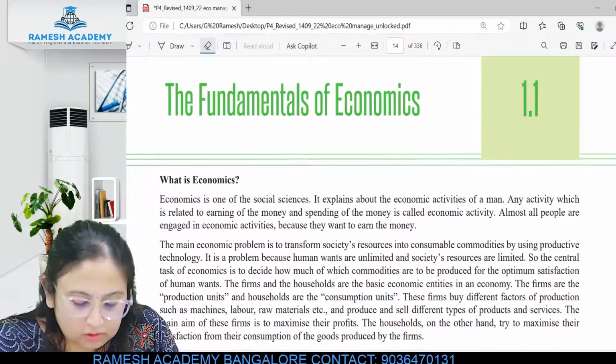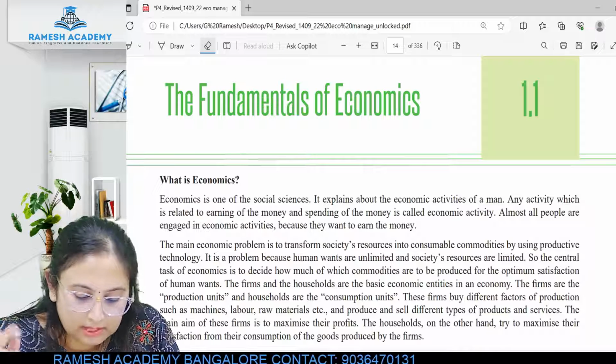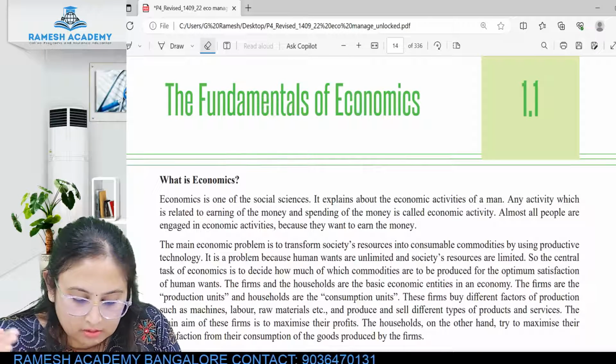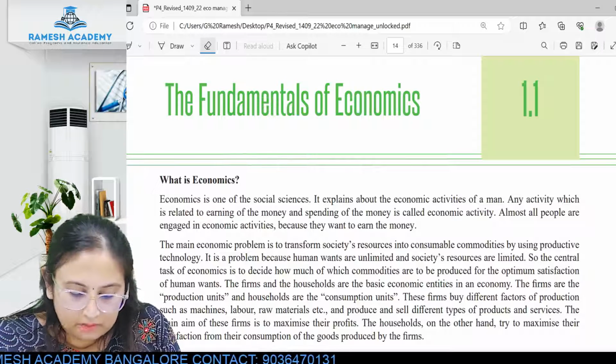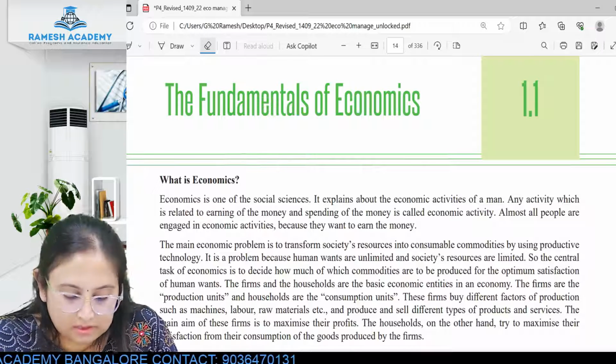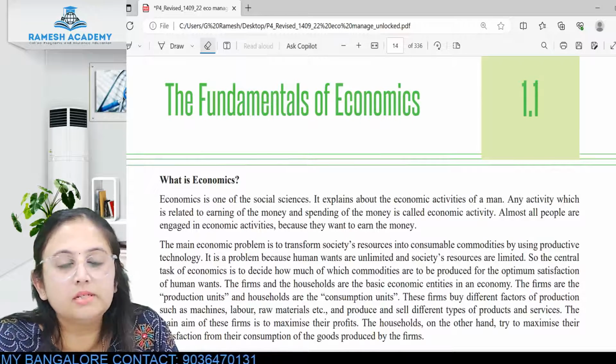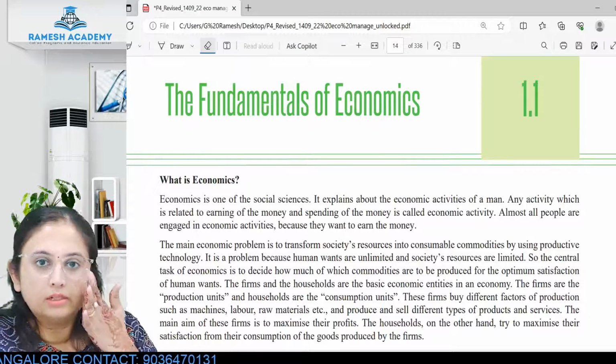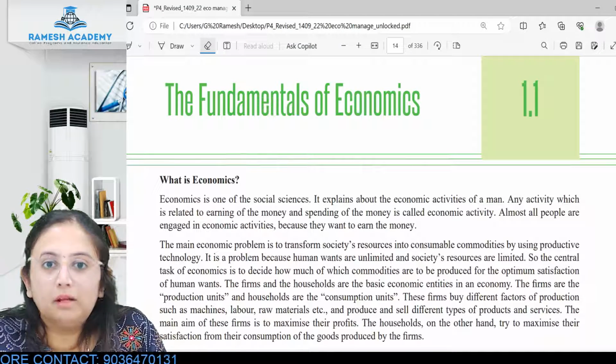Then coming to the fourth module, it is economic and business environment. The first thing we have to understand is that a business cannot function in a vacuum.